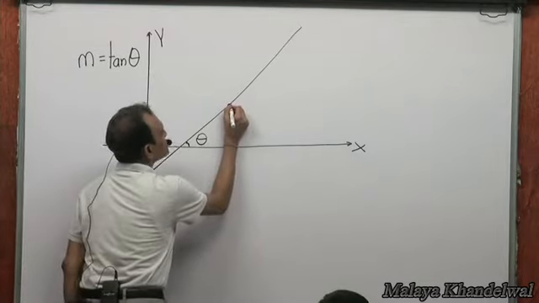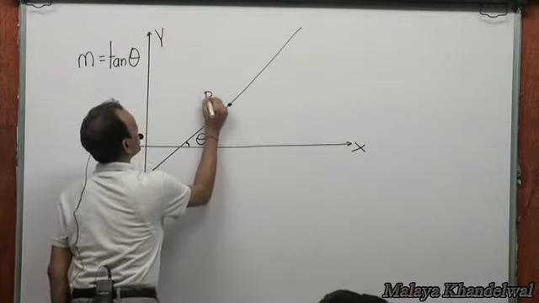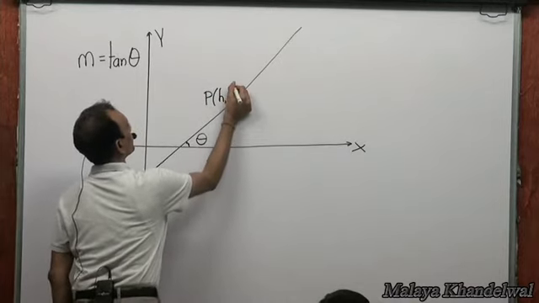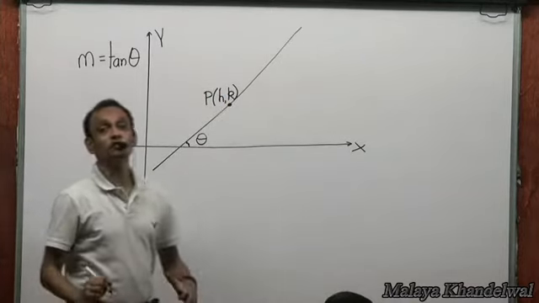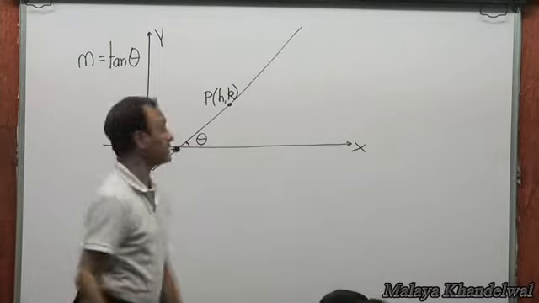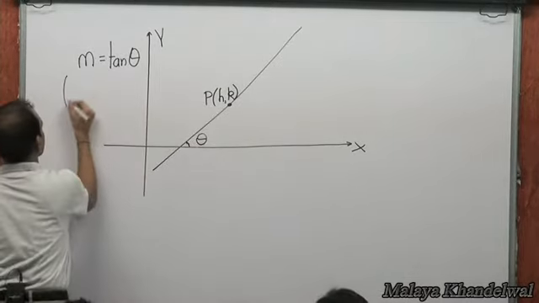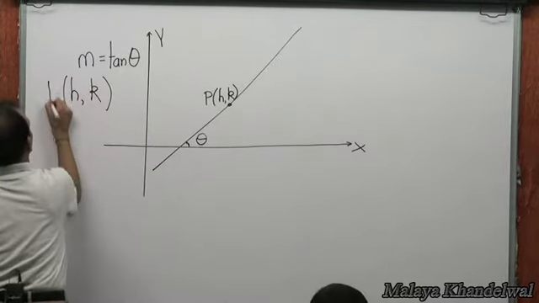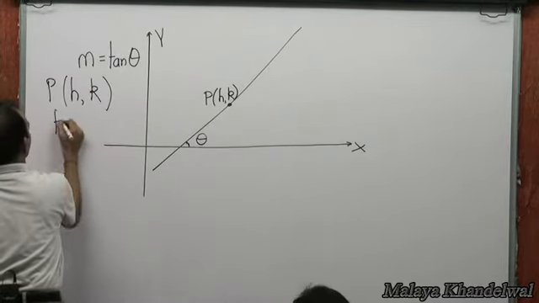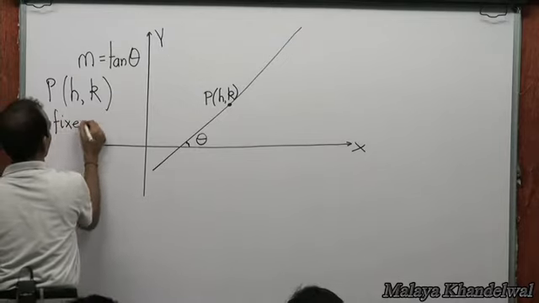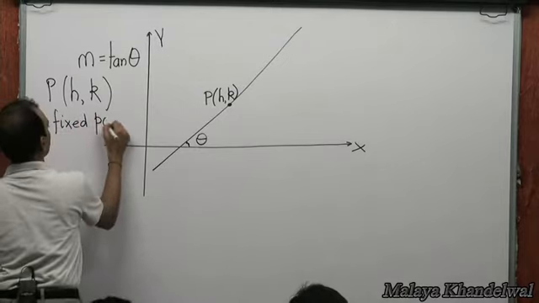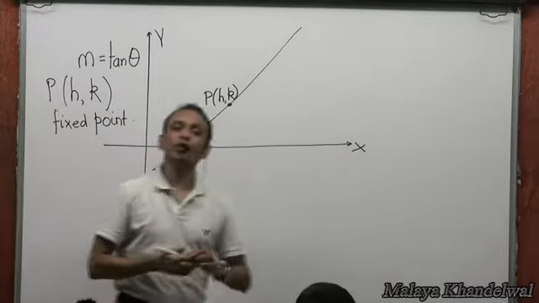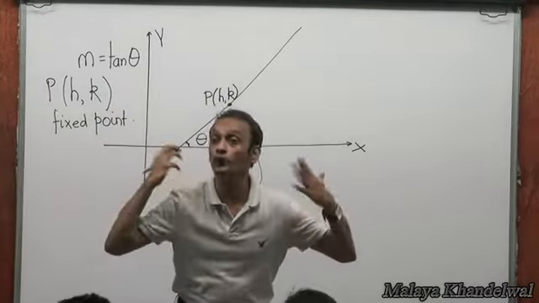Say there is a fixed point P, (h, k) on the line. There is a fixed point P, (h, k) on this fixed line, right? (h, k) is a known fixed point. Henceforth, we look upon this point as a reference point.